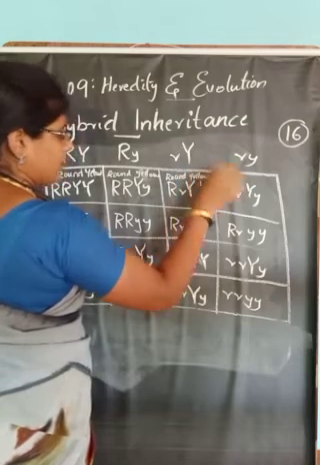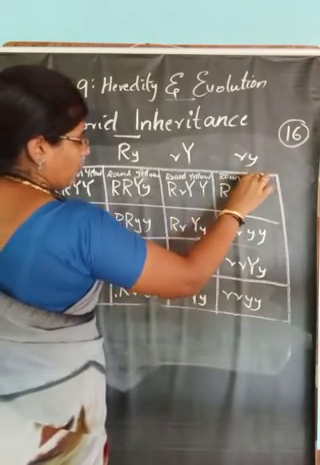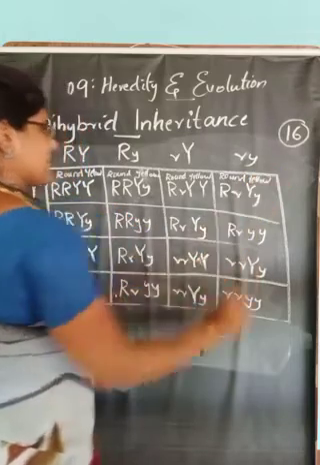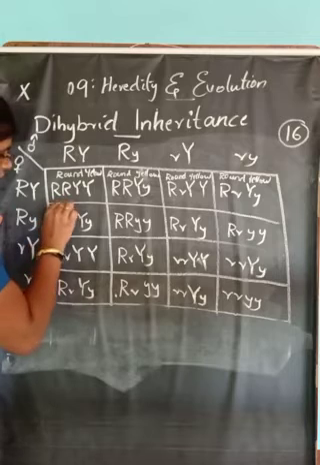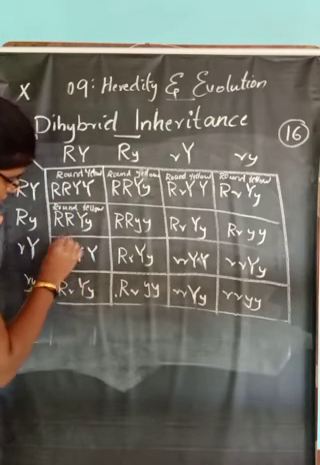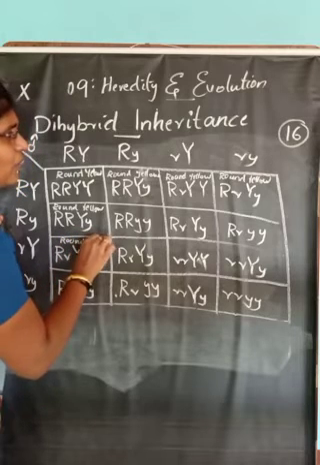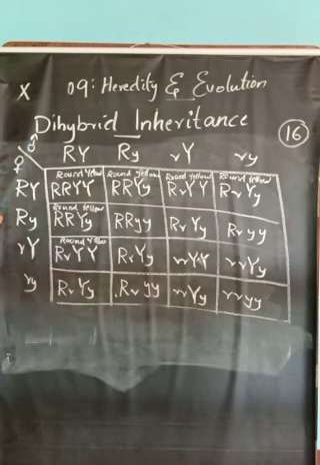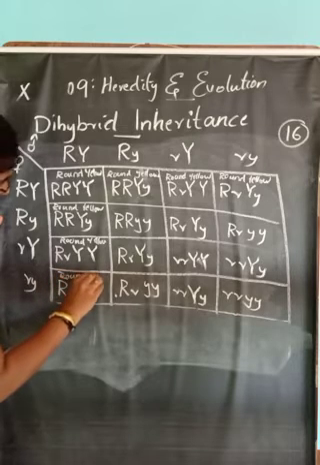Here also round yellow. So wherever a single copy of the dominant gene is there, it will express. So this is also round yellow, this is also round yellow, this is also round yellow, and this is also round yellow.